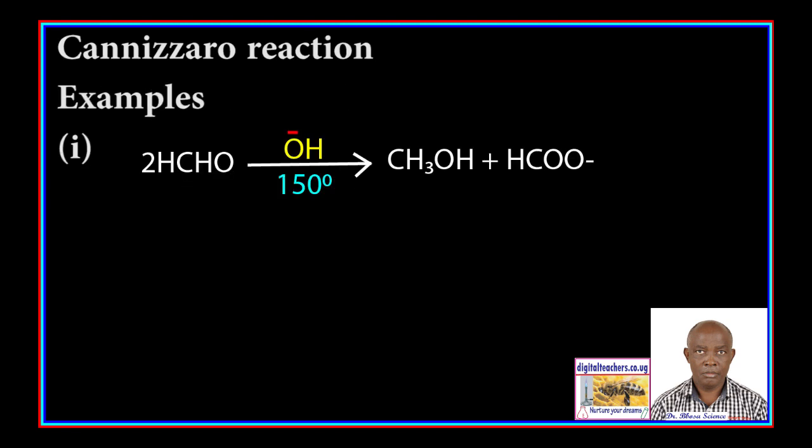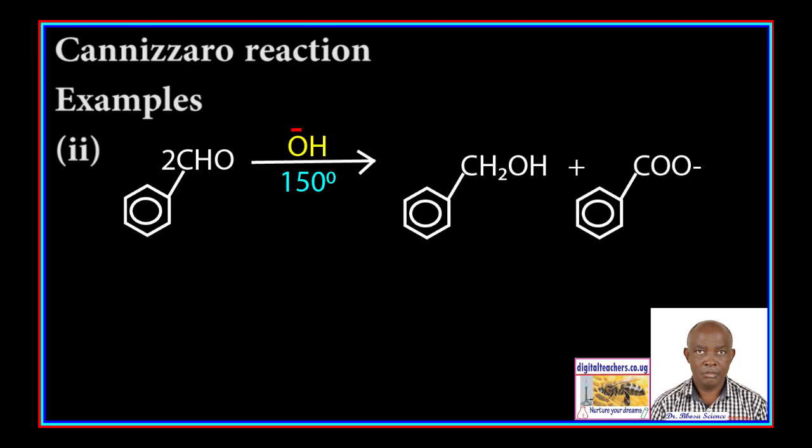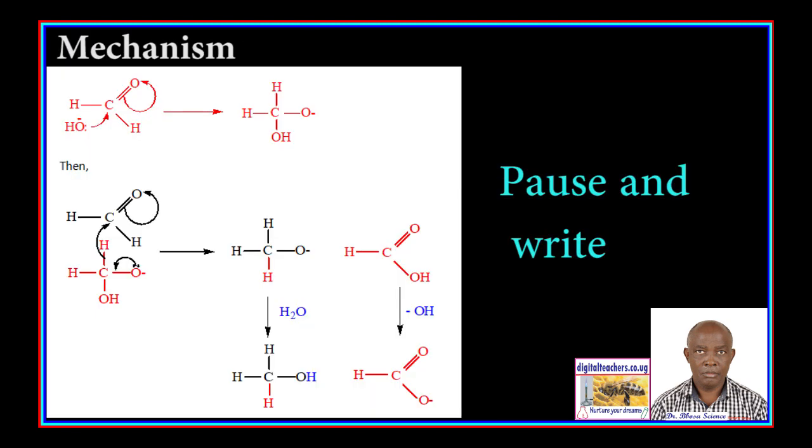For example, methanal reacts with an alkali at 150 degrees to form methanol and methanoate ion. Benzaldehyde reacts with an alkali to form phenylmethanol and benzoate ion. The mechanism is as follows.